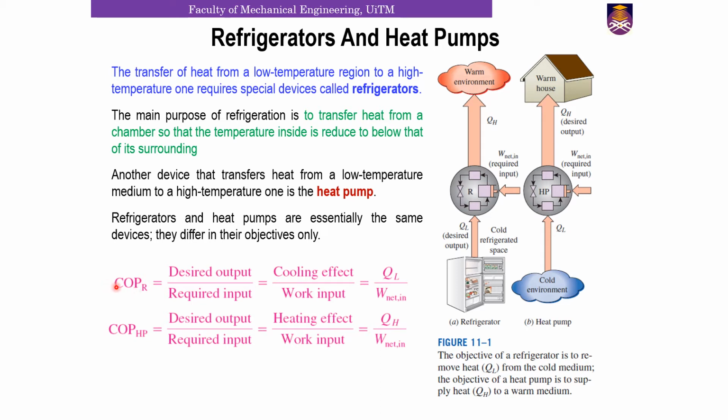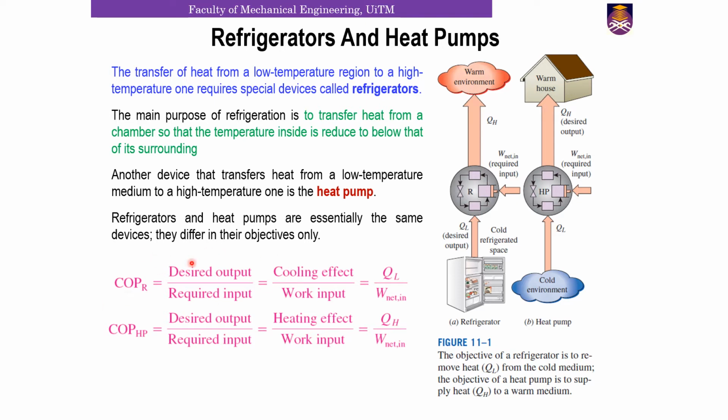Now you have coefficient of performance for both the refrigerator and heat pump. Both are defined as desired output divided by required input. So for both the refrigerator and heat pump, the required input is the same, which is the work done by the compressor.